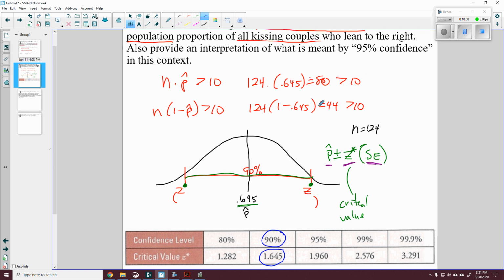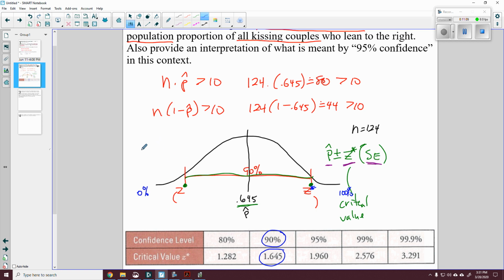So the way I would calculate this z asterisk right here is I would say I know that from way over here is 0% of all the data, and way over here is 100% of all the data.